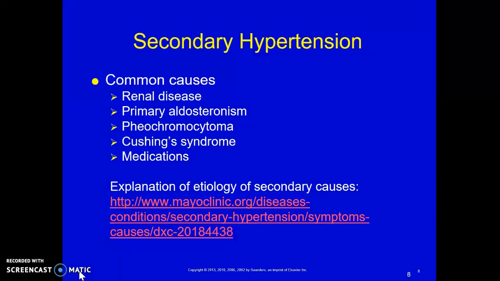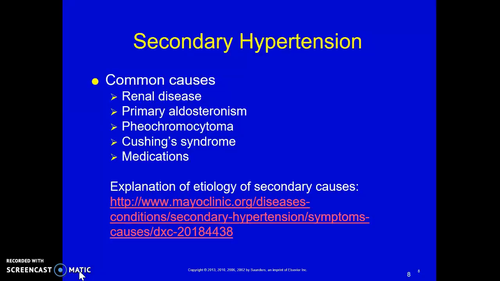Now that's a good example of that one. But primary aldosteronism is another cause. We'll learn more about that when we get into the endocrine system in a couple weeks.